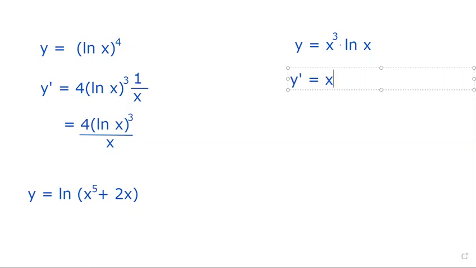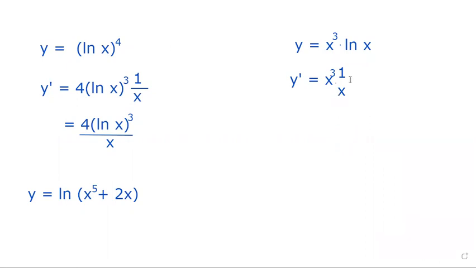So this is going to be x cubed. And now, the derivative of natural log of x is going to be 1 over x. That's x cubed times 1 over x.